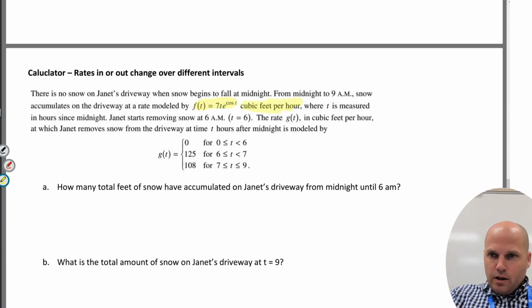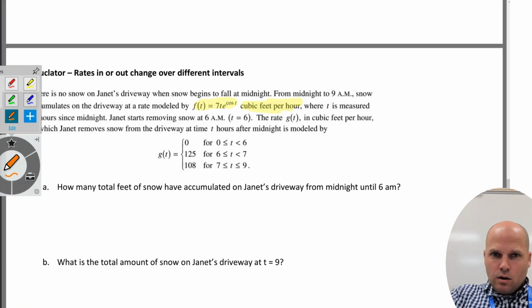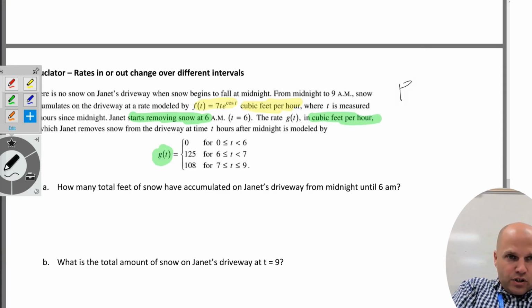All right. F is cubic feet per hour in, being snow. G is cubic feet per hour out. We have position, velocity, acceleration. Position would be the cubic feet of snow.